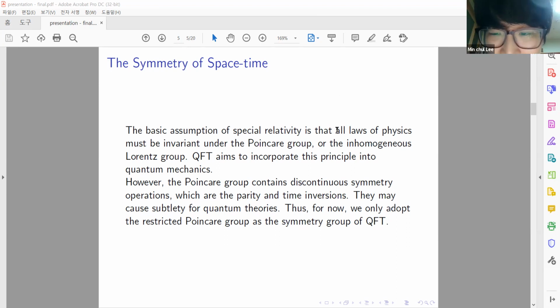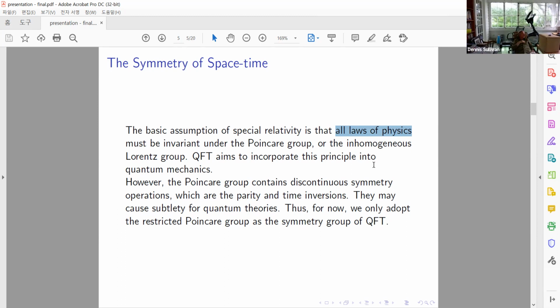Oh yes. This is all laws of physics must be invariant under the Poincare group. This is not very exact for mathematicians, but it means that the solution of equations of motion must transform exactly as the equation of motion itself under the Poincare group.